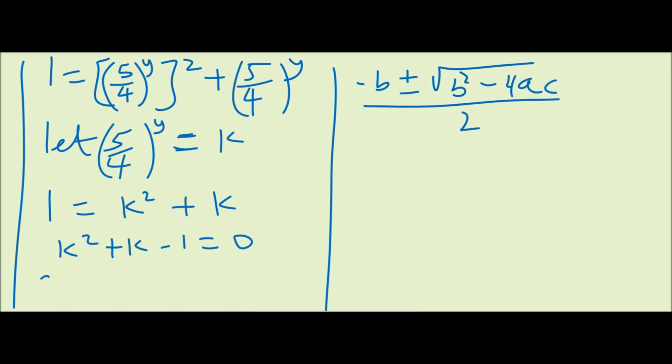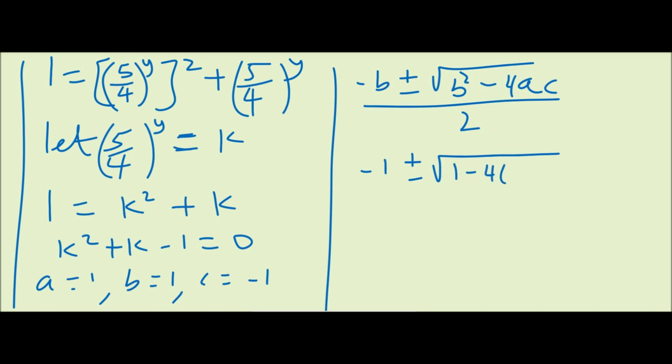So let's look: a is 1, b is also 1, and c is minus 1. So minus 1 plus or minus the square root of 1 squared, which is 1, minus 4 multiplied by a, which is 1, and c, which is minus 1.